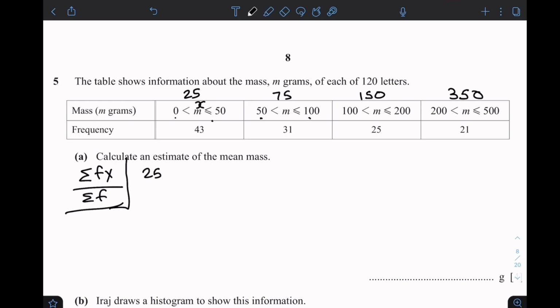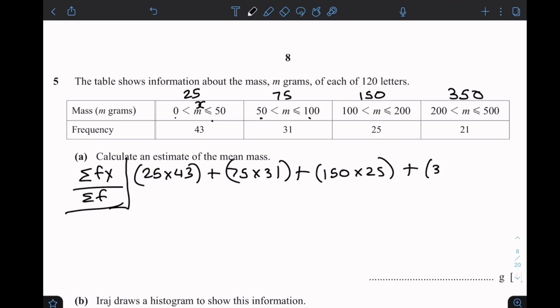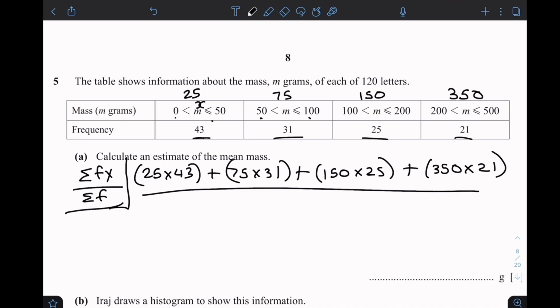So what you do is 25 multiplied by 43 plus 75 multiplied by 31 plus 150 multiplied by 25 plus 350 multiplied by 21, and the summation of f is 43 plus 31 plus 25 plus 21, which should equal 120. And so that is equal to 14,500 divided by 120.